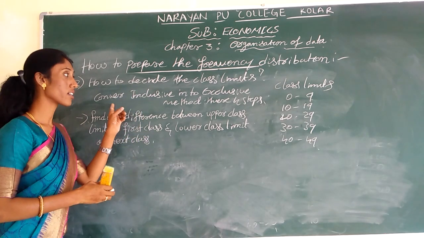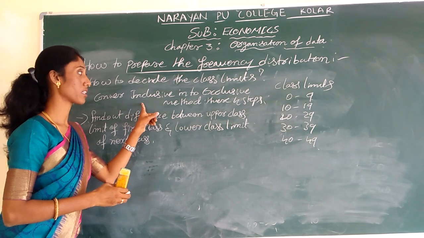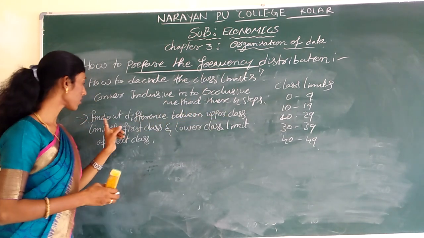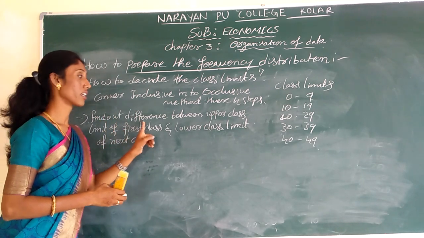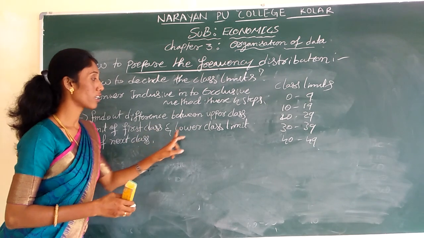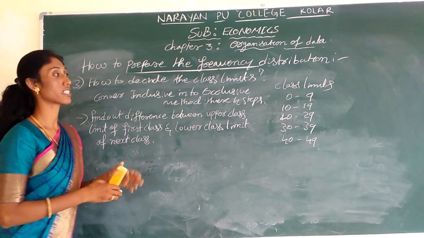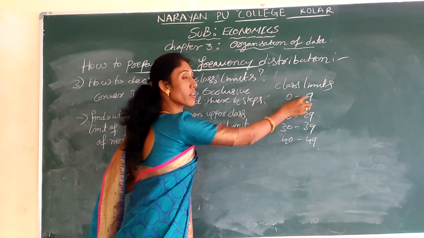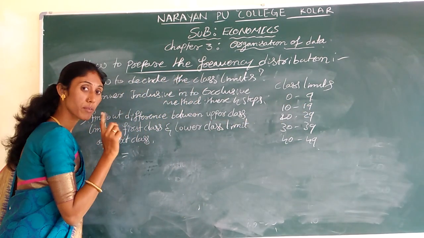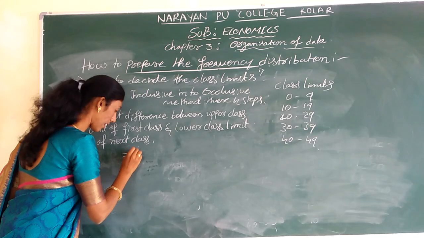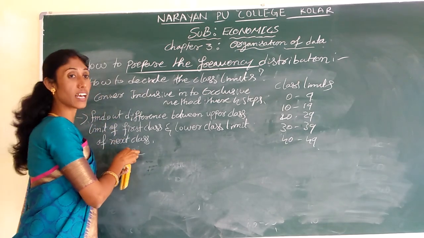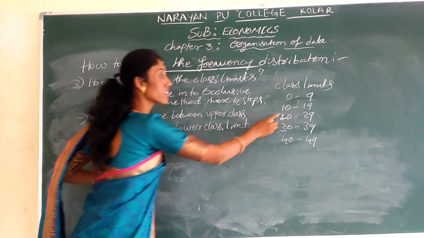Understood? To convert the inclusive method of data into an exclusive method, there are 4 steps. In that first one, find out the difference between the upper class limit of the first class and the lower class limit of the next class. What is the upper class limit of the first class? 9. The upper class limit of the first class is 9 and the lower class limit of the next class, or second class, is 10.